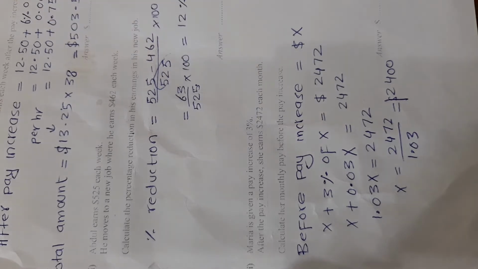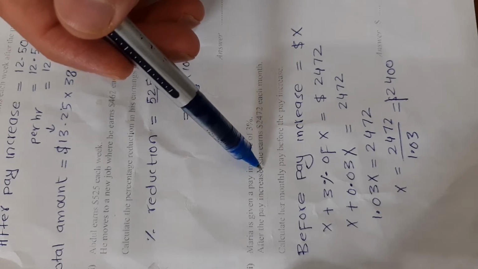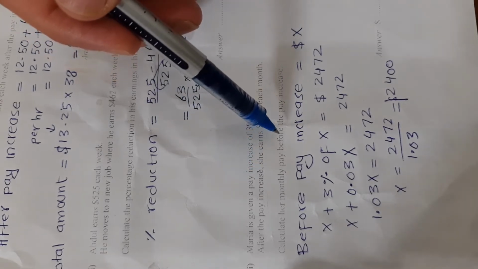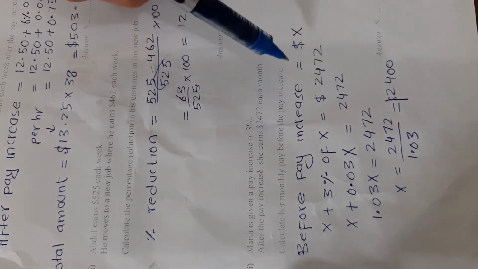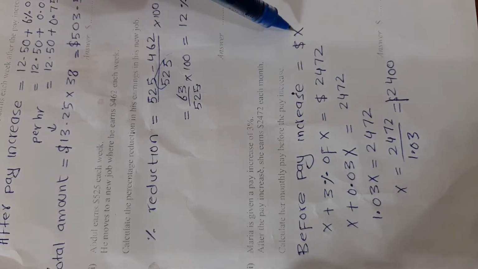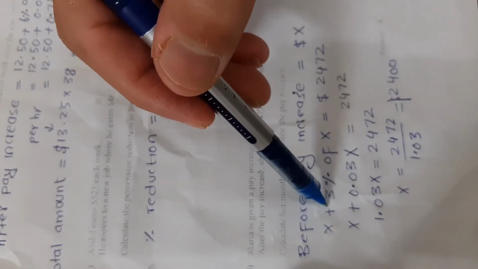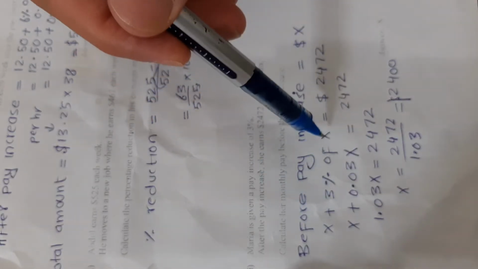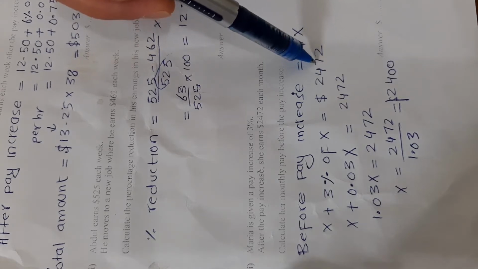Now this $2472 is her pay after the increase, and we don't know what her pay was before the increase. So we have to suppose that before the pay increase she was getting some X dollars, and that X dollars was increased by 3%, and after that increase she got $2472.